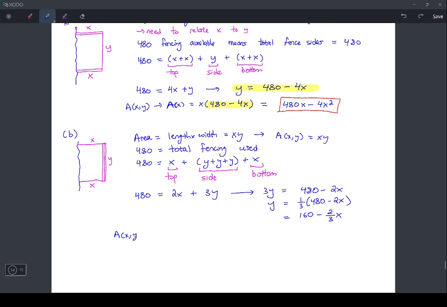We can then take our area function of two variables and make it an area function of one variable. So A of x is equal to x times y, so x times (160 minus 2/3 x). And then I'll multiply that x to the bracket: 160x minus 2/3 x squared.